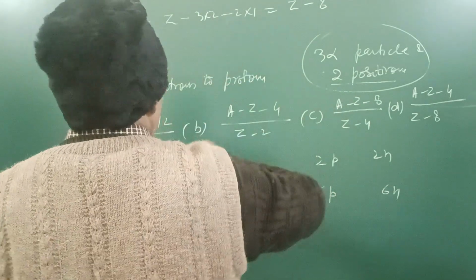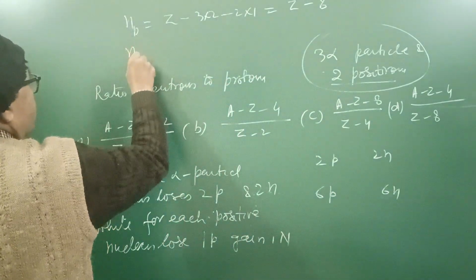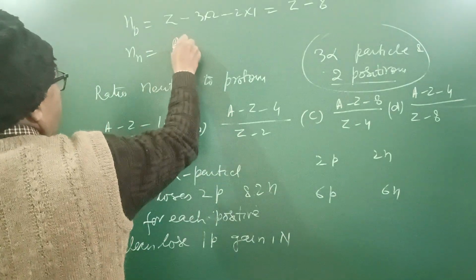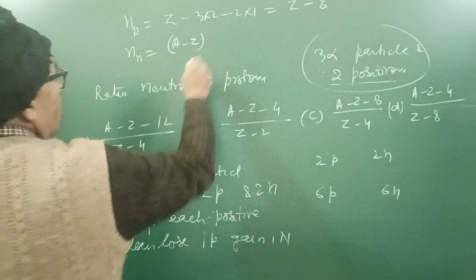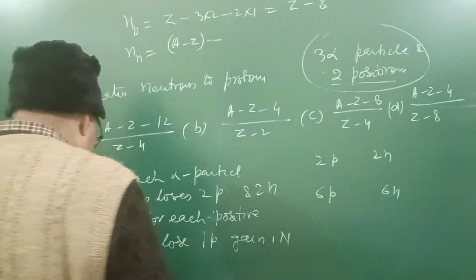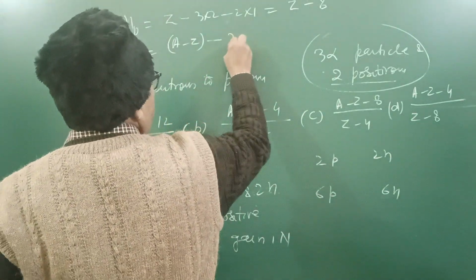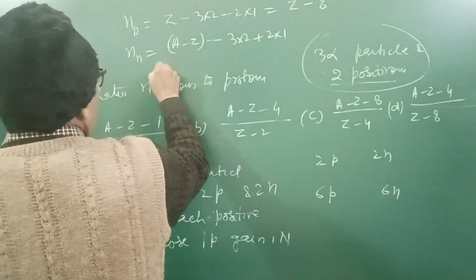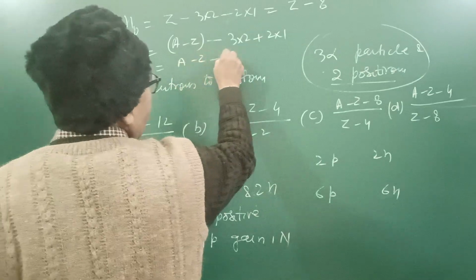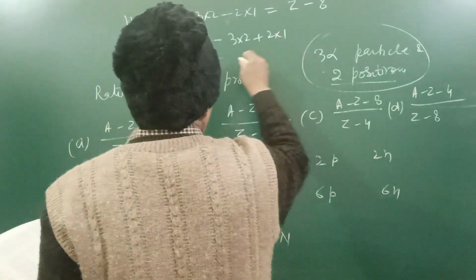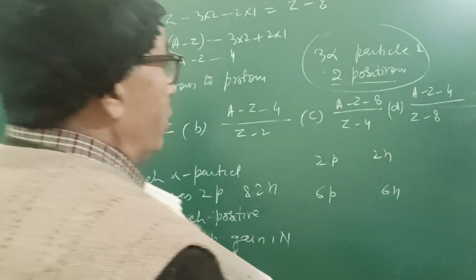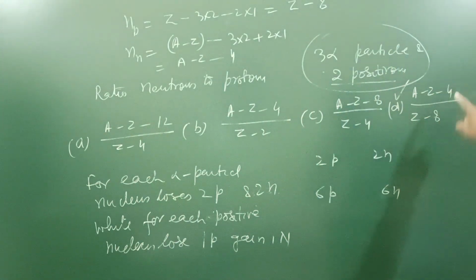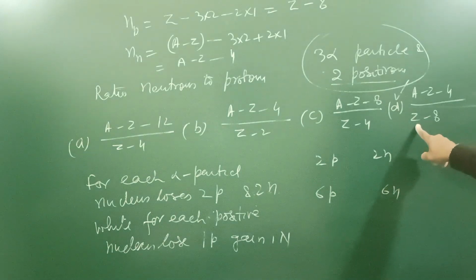Number of neutrons will become A minus Z, which were there already, minus 3 into 2 plus 2 into 1. So it is A minus Z minus 6 plus 2, which is A minus Z minus 4. So it comes here, D part, (A minus Z minus 4) upon (Z minus 8).